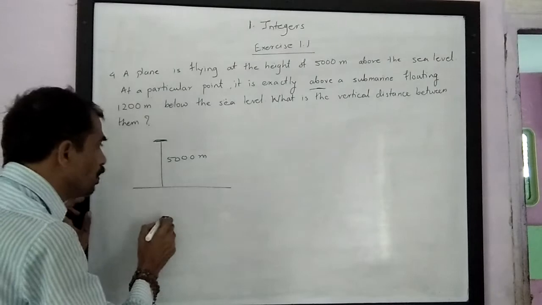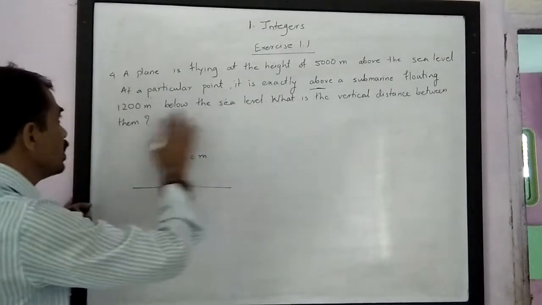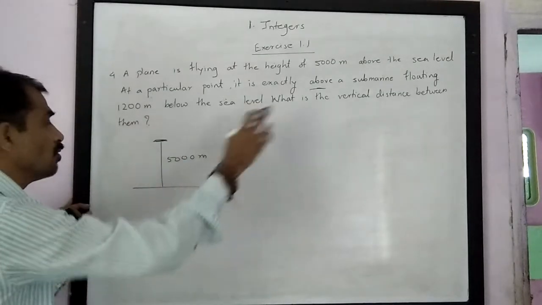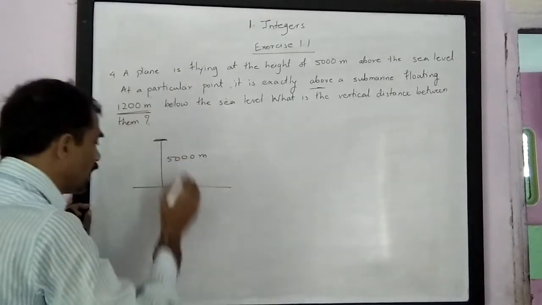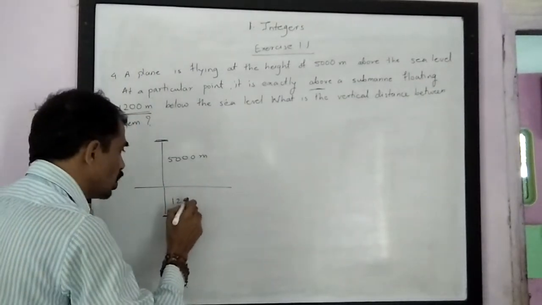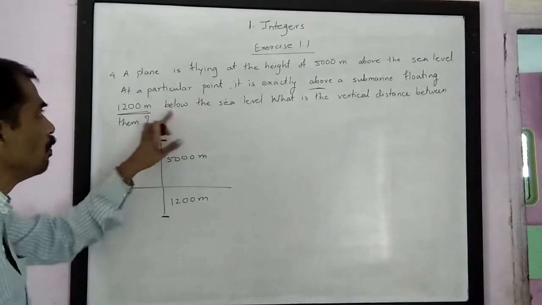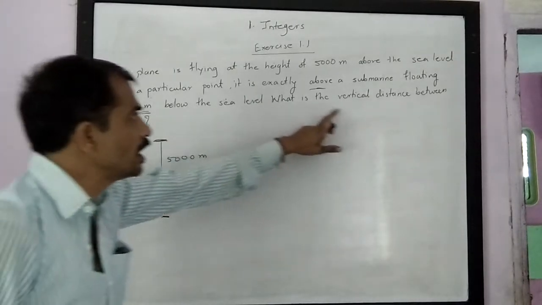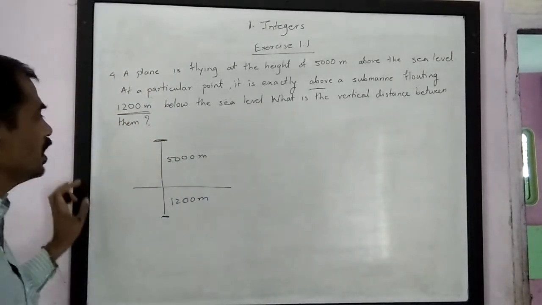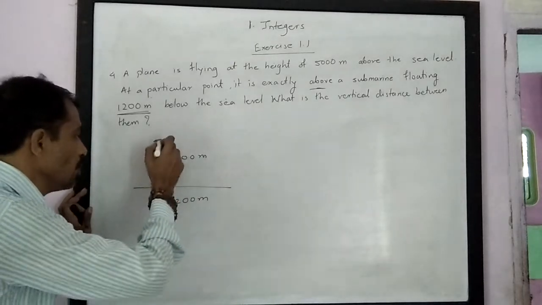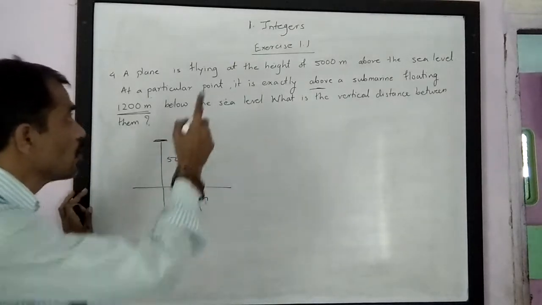So the submarine was just below the plane, and the depth of the submarine is 1200, means this distance is 1200 meters below the sea level. What is the vertical distance between them? So what is given?